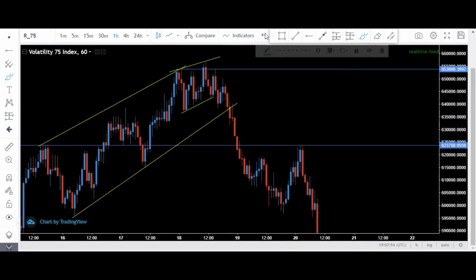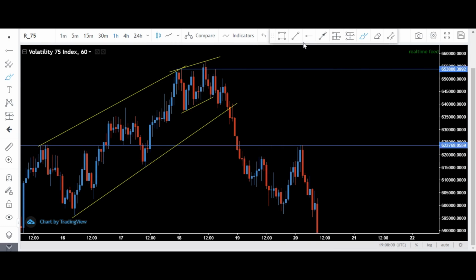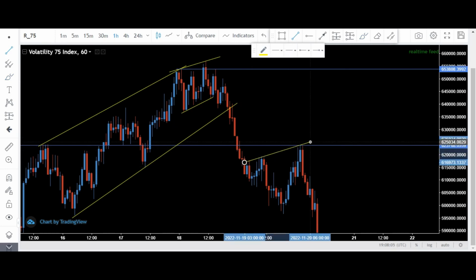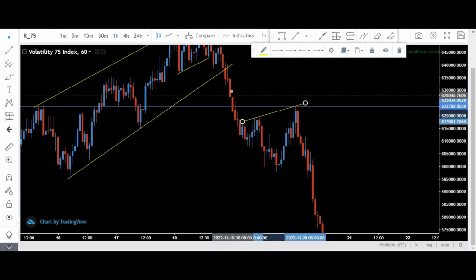Or if maybe you're not able to maximize on that as well, sorry, let me take this one out. Once we got here, you can see that it gave us that pattern over there. So immediately we came inside, these are our double top formation lines.